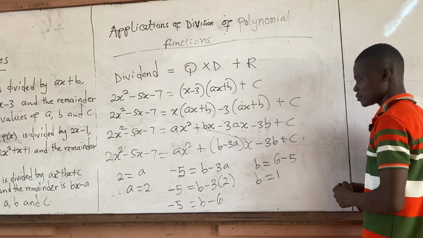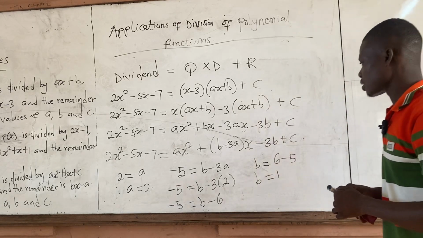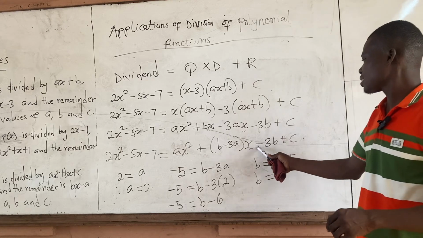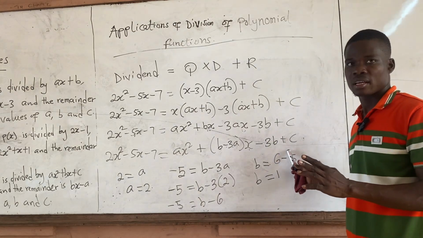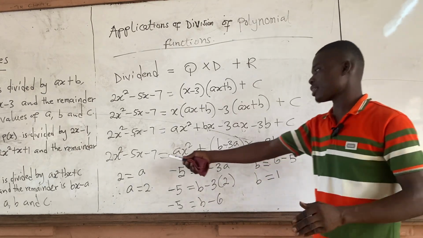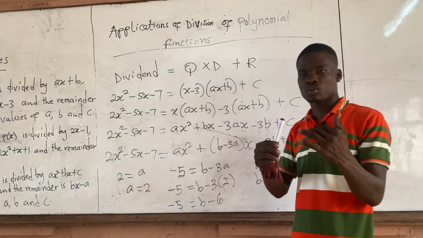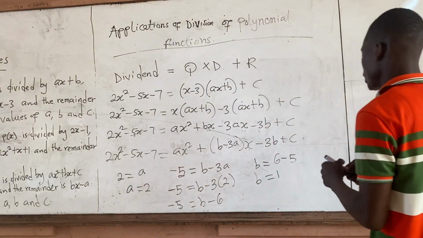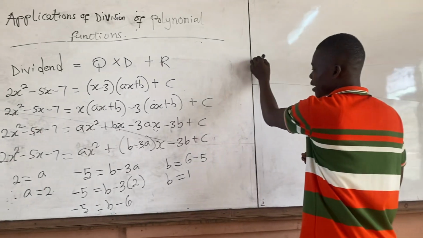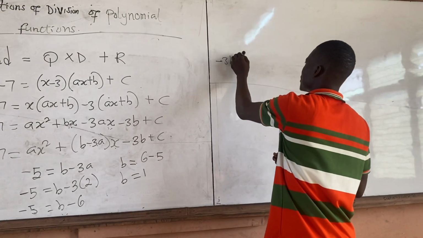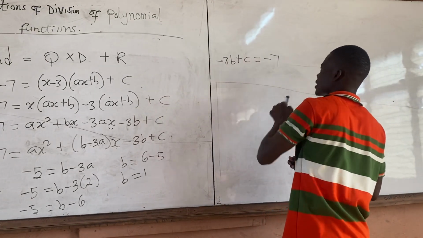Now we know the b value. Left is the c. We have minus 3b plus c. There's no variable here, meaning b and c are constants. And the constant on the other side is negative 7. So let's equate them. When we equate them, we get minus 3b plus c equal to negative 7.